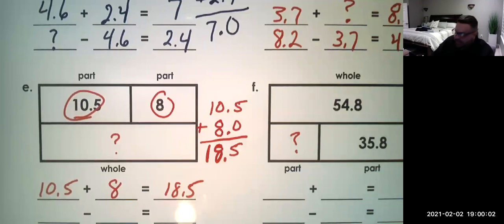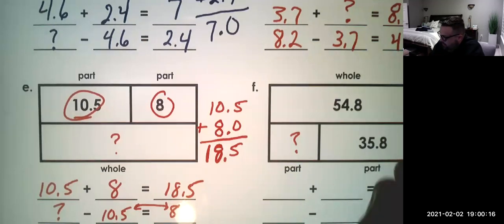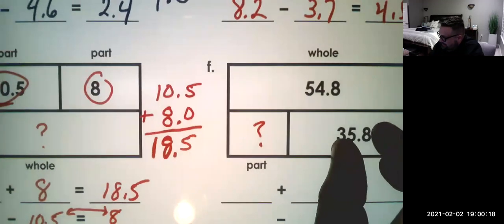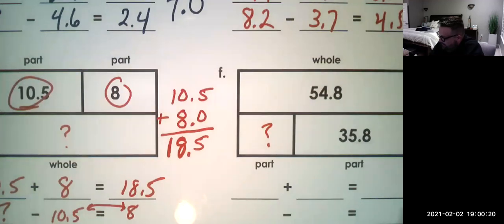Now, you could also do that as a subtraction. You don't know the whole, and then you could subtract either of these. So you guys understand these two are interchangeable, right? It doesn't matter which one you put where. You could flip them. So, and for the last one, we have the whole. I already told you when you have the whole, make sure I would do it this way. And that is going to give us our other part, right?